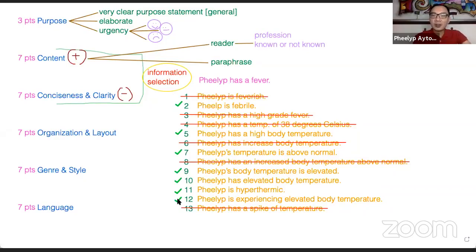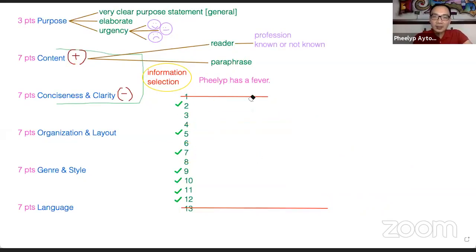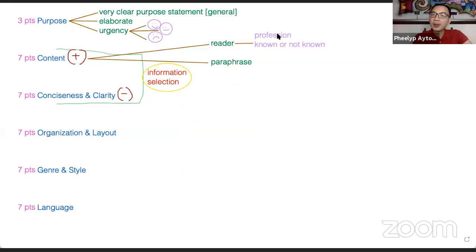And that's why it's good for you to remember that when you're paraphrasing, essentially you can do it in 2 ways. You can paraphrase in terms of vocab, or you can paraphrase in terms of grammar. Let's have an example.